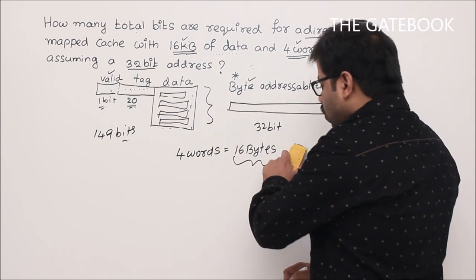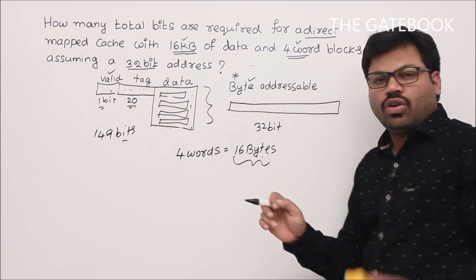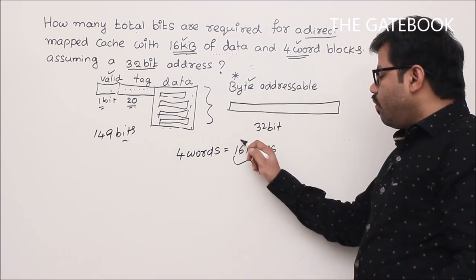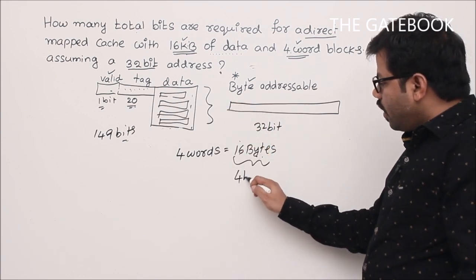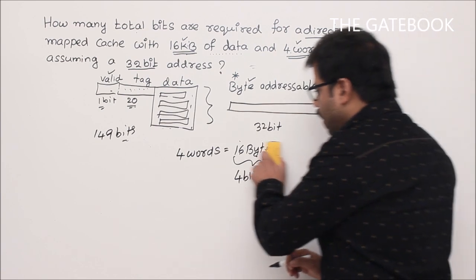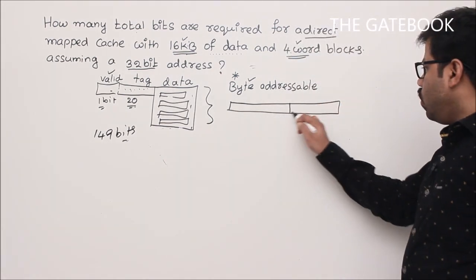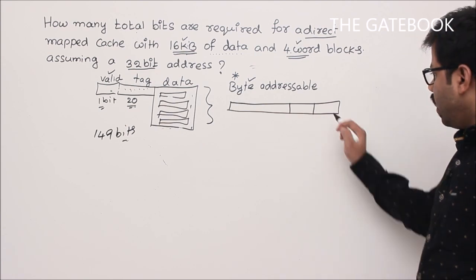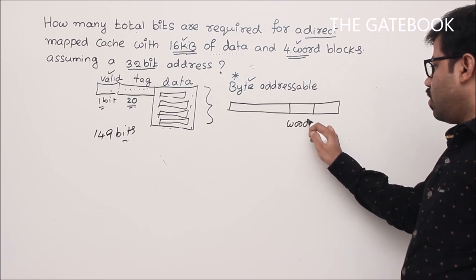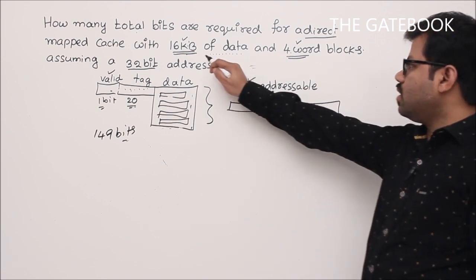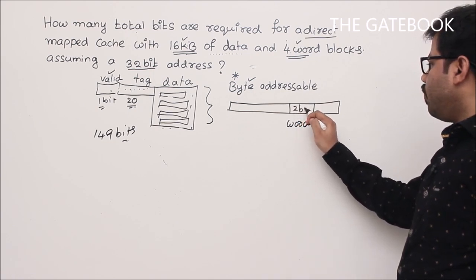Now, to address those 16 bytes, because every byte has a separate number, to differentiate the 16 bytes we need how many bits? 4 bits. Because it is a byte addressable system, you will have two further classifications. One is the word offset, which word you want, because each cache block has 4 words, so 2 bits are required to decide which word it is.